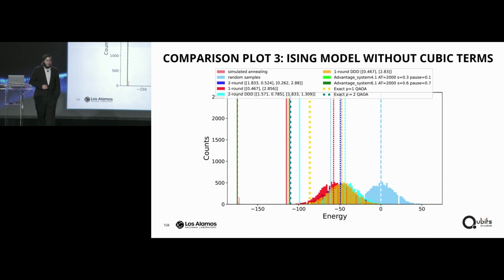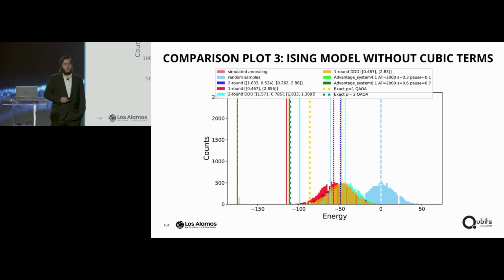Okay, now this plot is unfortunately even a bit harder to read. This one is an Ising model without cubic terms, so we've just taken out the cubic terms to see what the performance would look like. The findings here are pretty much exactly the same as the previous plots. The reason the axis scales are confusing here is just because the ground state sampling, meaning how often you sample the global optimal solution, is very high, which makes the y-axis kind of thrown out of scale.